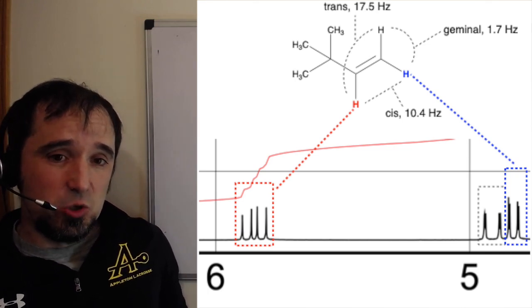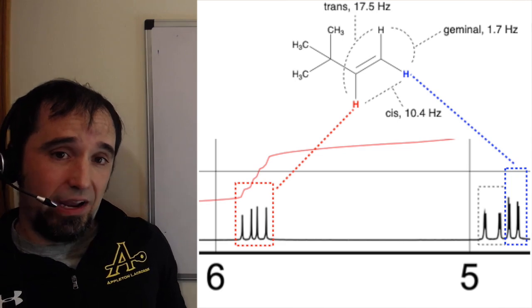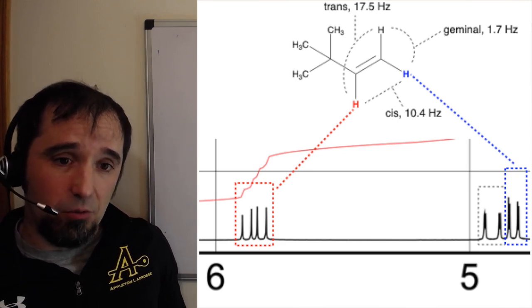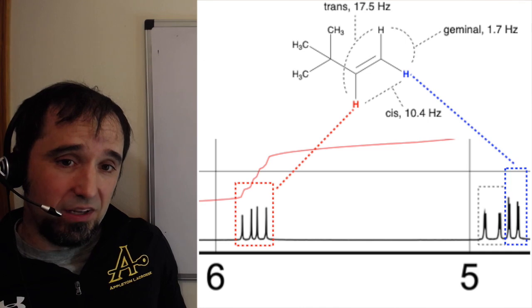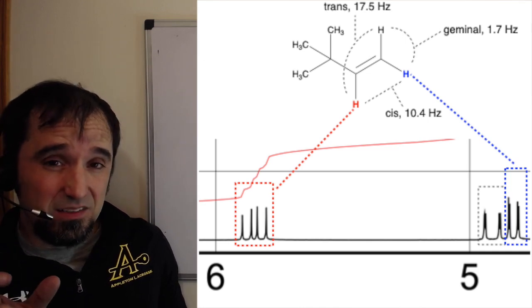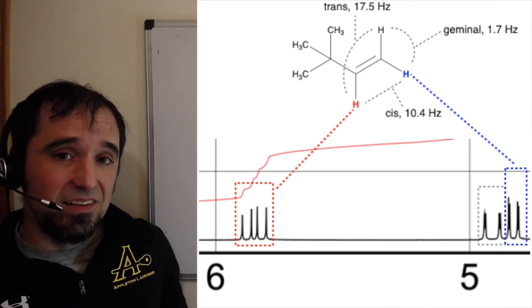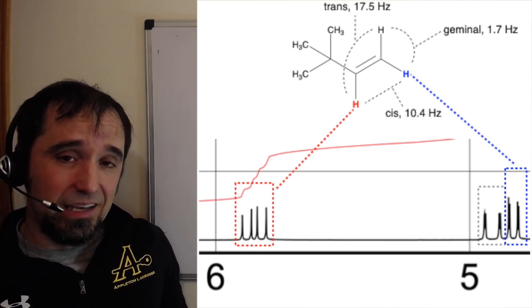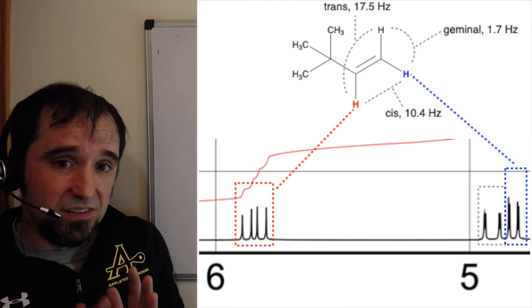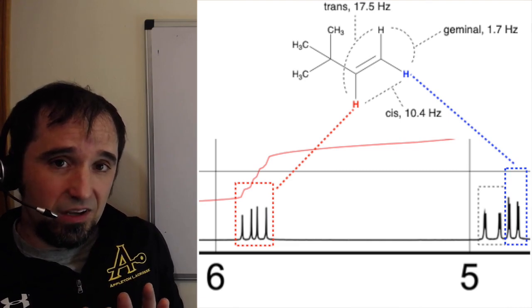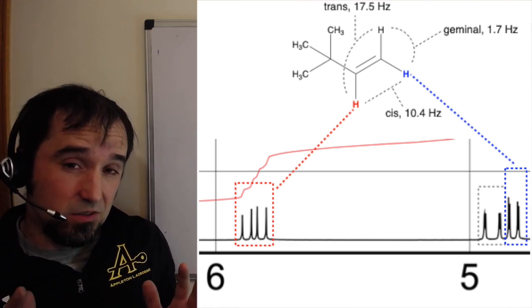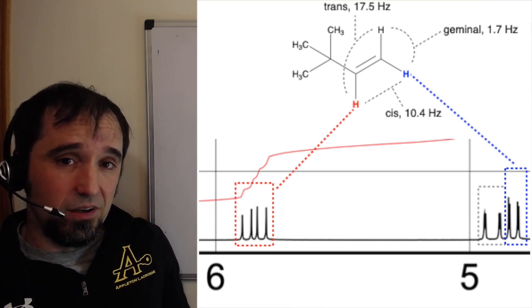It's cis to the blue proton, it's trans to that black proton on top. And so it's going to have two coupling constants, one that's kind of big, 10 hertz, and one that's pretty big, 17 hertz. And so we're going to see a doublet of doublets. So again, the distance between the first two peaks there is that shorter coupling constant, and the distance between the first and the third peak is the bigger coupling constant.